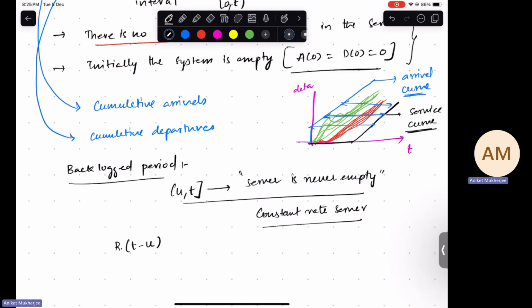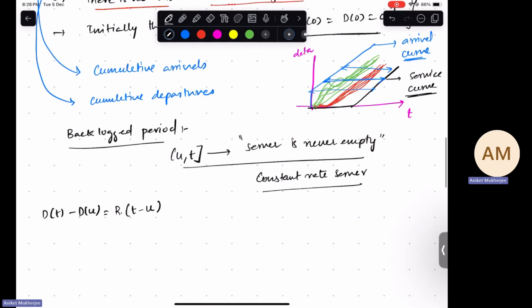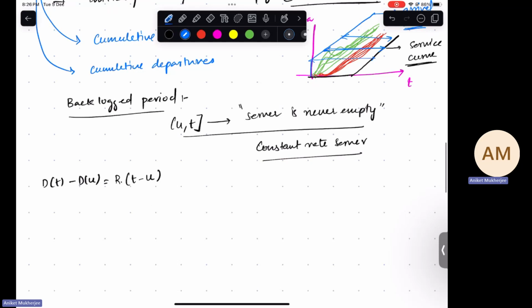So you will serve r into t minus u amount of packets, assuming that there are always packets to serve in that interval. So the departures between u and t would be equal to r into t minus u. This is under the assumption that (u, t) is backlogged.